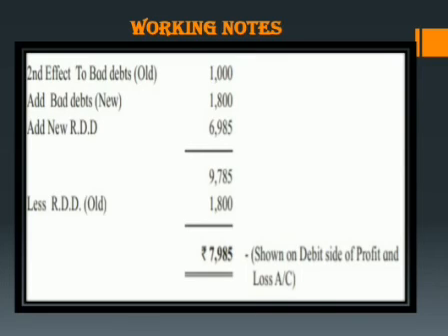So this is the one formula. We have to just put the amounts under the formula, then it will become easier for us to solve or write down the amounts.